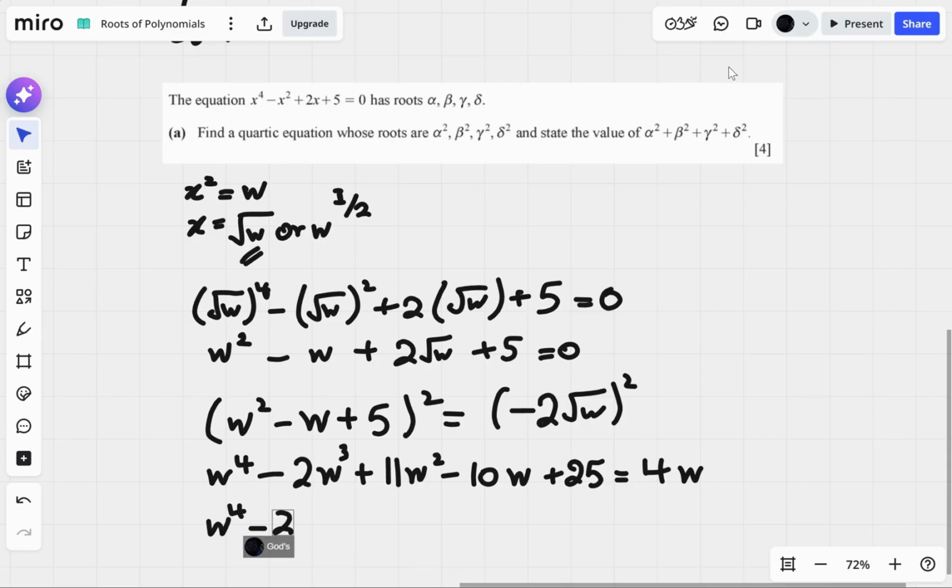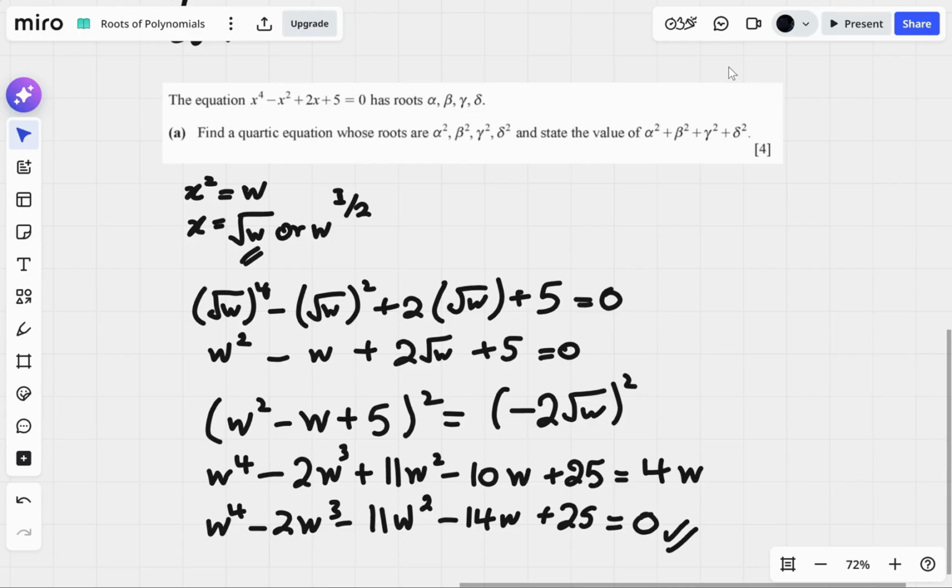Then 2w cube minus 11w squared minus 10w minus 4w is minus 14w and then plus 25 is equal to 0. So this is the new equation that we just found for the roots alpha squared, beta squared, gamma squared, and delta squared.